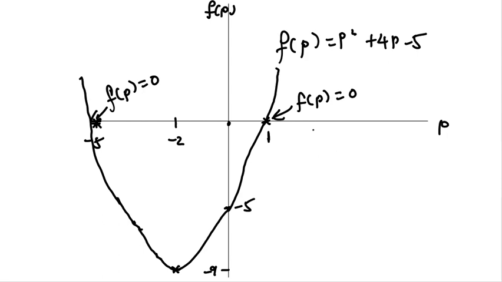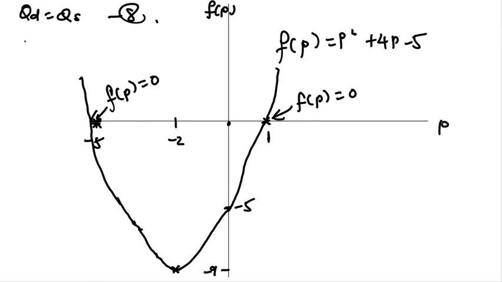Then if you can recall back, the FP equation here, FP equals P squared plus 4P minus 5, actually originated from the equilibrium condition that we had earlier in equation 8. Let me rewrite it here. Qd equals Qs, this is equation 8.